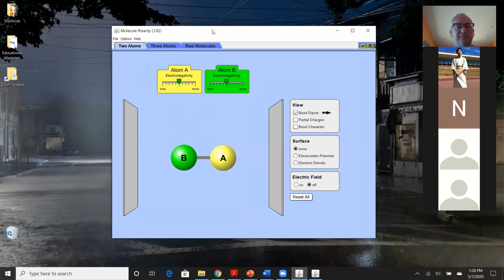Real molecules is not available in the HTML5 version. I knew it. Then why have the tab? That's just misleading. So the tab is there, but it doesn't work. Yeah, it just has to go download the Java version, and for some reason, you can't do that. Okay. Do we get an A for effort?